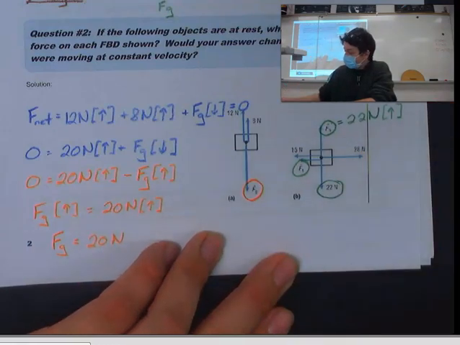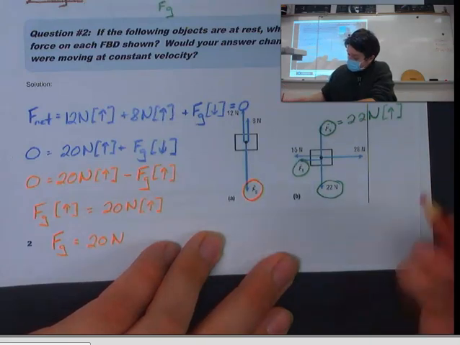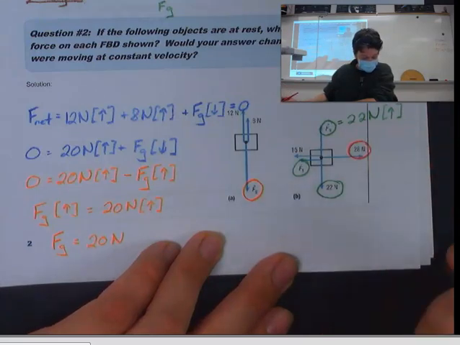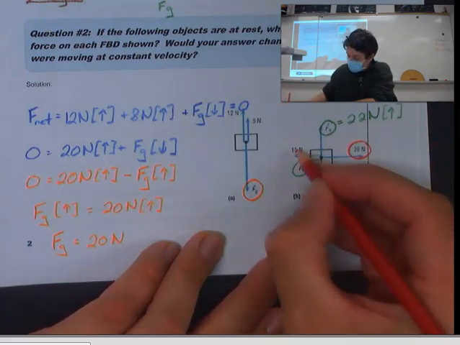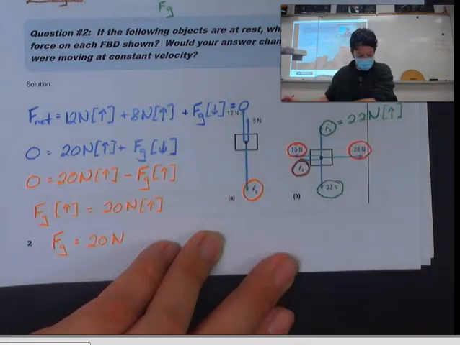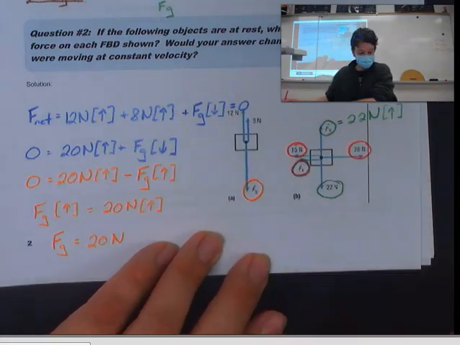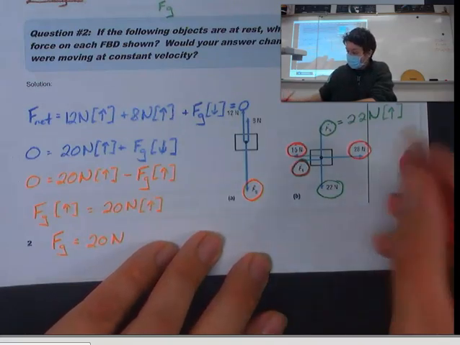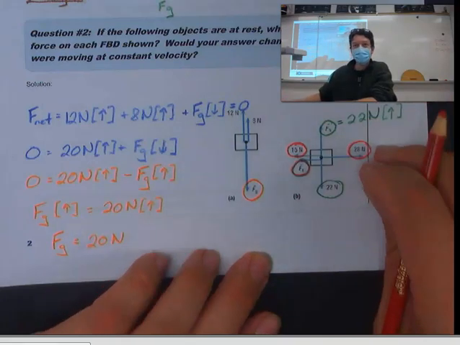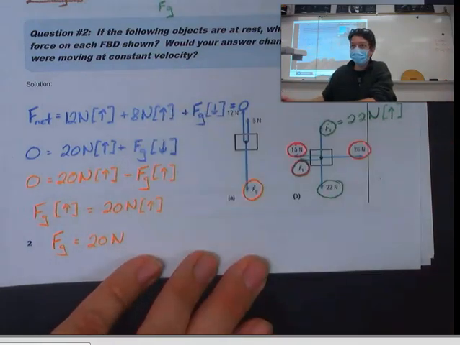Now for the horizontal portion, we have 28 newtons to the right, and we have 15 newtons and some unknown to the left. So you can think of it, again, as all your forces acting to the right must equal all your forces acting to your left.